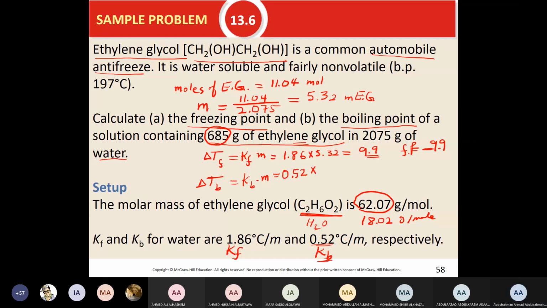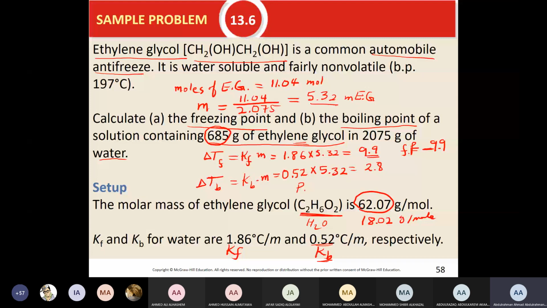Times 5.3, which is exactly like this one, the molality, same number. And then give me the answer. 2.8. Very good. So what's the boiling point of this solution?